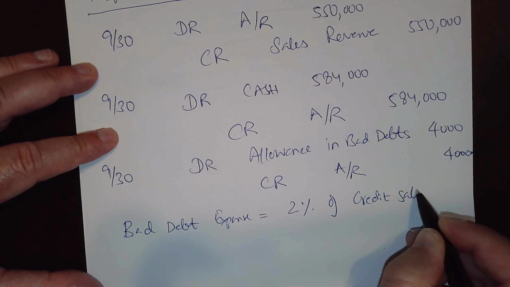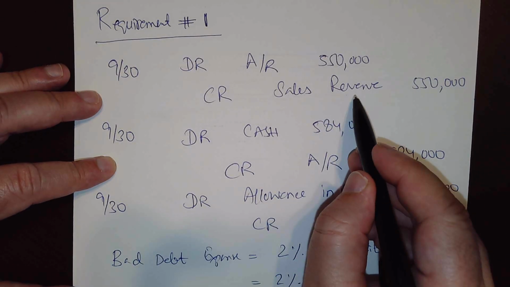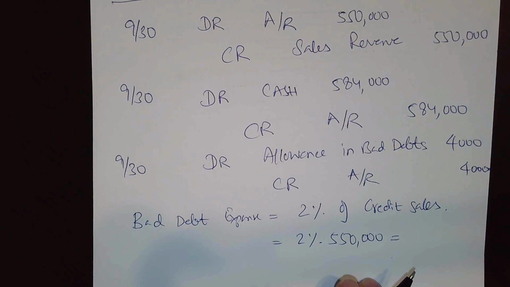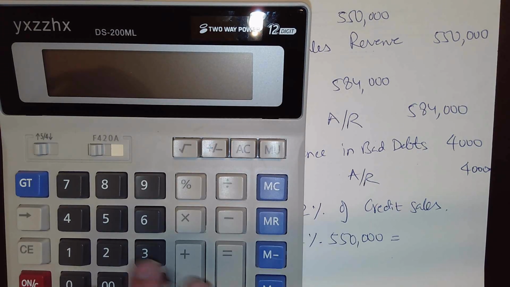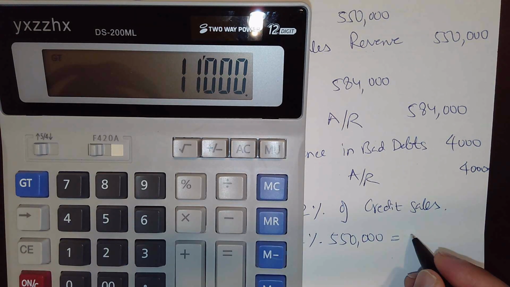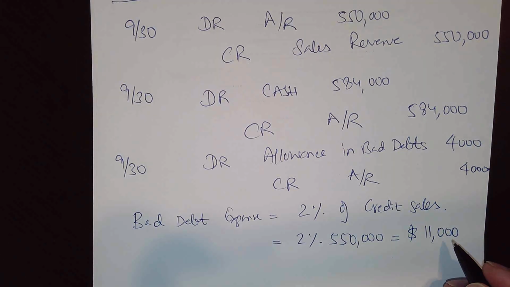Credit sales in the month of September are $550,000. So what is 2% of $550,000? I'll grab the calculator: $550,000 multiplied by 0.02, and we get $11,000. So we have $11,000 of bad debt expense.